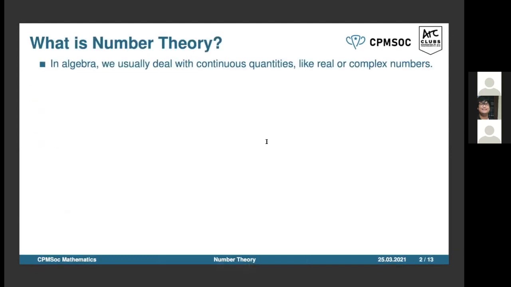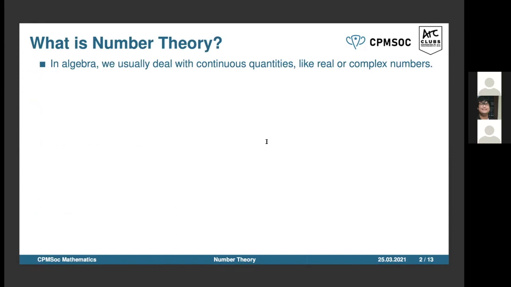So number theory, unlike in Math 1141 or high school calculus or something, usually dealing with equations in real numbers. So there's more possible solutions to equations like that.